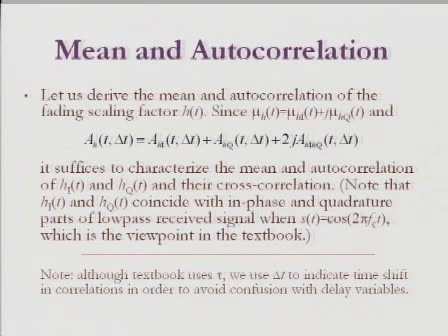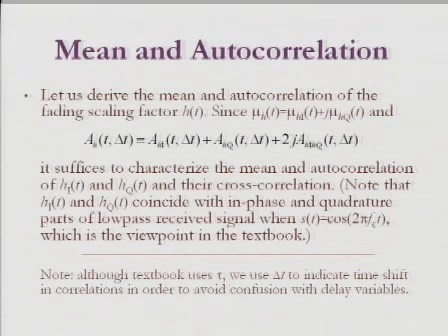Now we're going to study in a big amount of detail this fading scaling factor h of t, this random process h of t. So the way we're going to study it is by characterizing its mean and its autocorrelation, okay, which are the main quantities in terms of its statistical behavior.